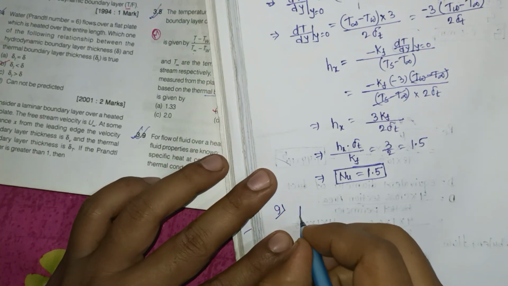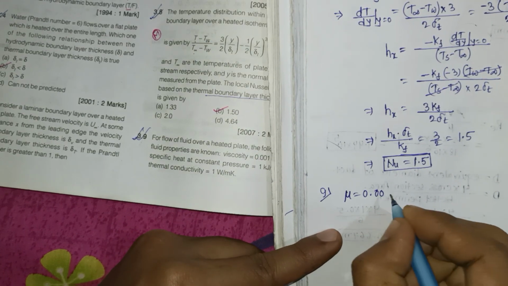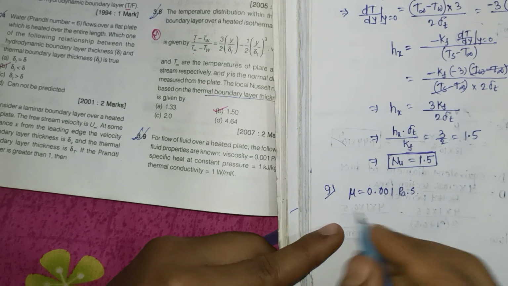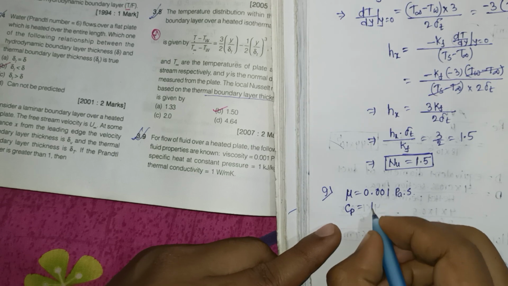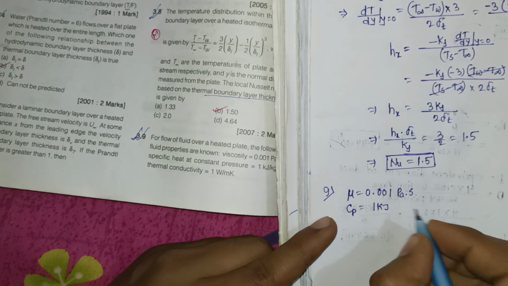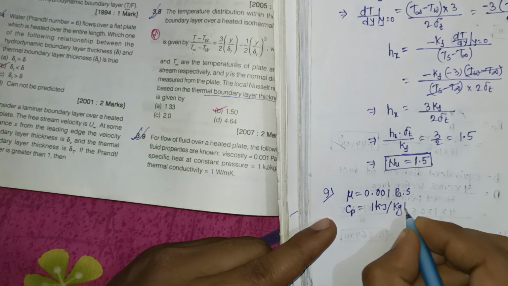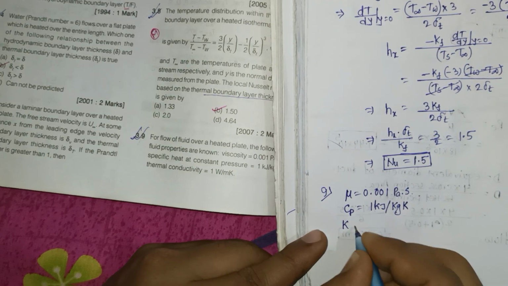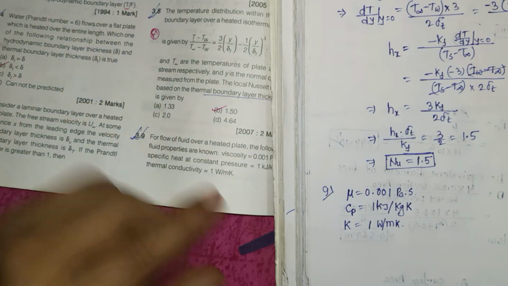Viscosity, mu, is equal to 0.001 Pascal second, specific heat at constant pressure is 1 kilojoule per kg Kelvin, and thermal conductivity K is 1 watt per meter Kelvin.